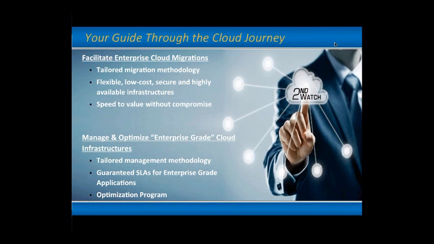So as I mentioned, Second Watch is a premier consulting partner for Amazon Web Services. Primarily, we work with customers of all sizes. Most of our customers are in the mid-market and enterprise space right now. Our primary goals are to facilitate enterprise cloud migrations or to help customers set up new workloads in the cloud. We have a specific methodology that we work with our customers.